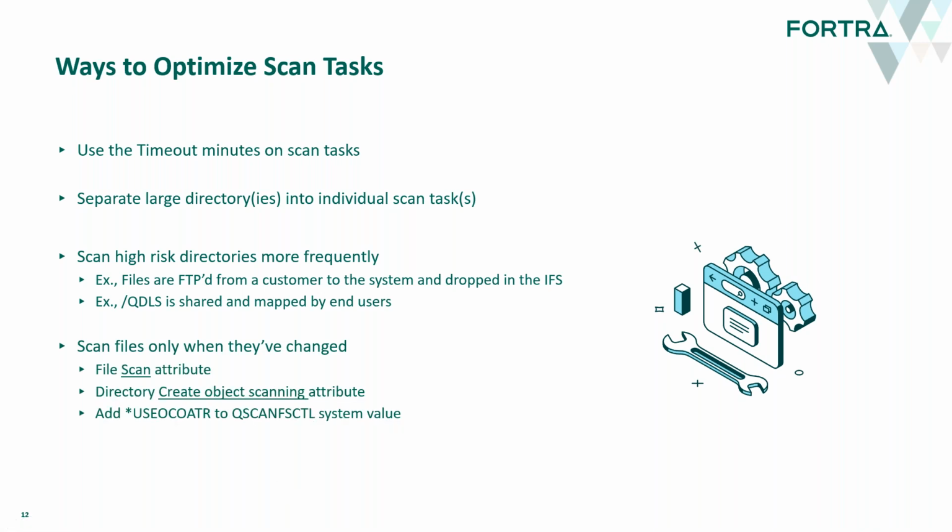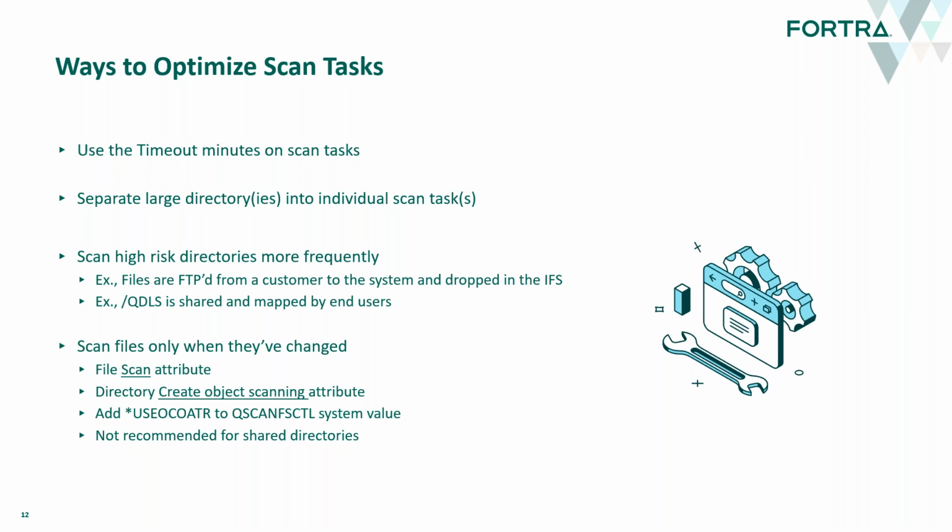You can also use a strategy to scan files only when they've changed. So when we scan files, we update the scan status. We scan a file, we mark it as success. It's a clean file. Now, when somebody goes in and makes a change to it, we're going to mark it as status required.